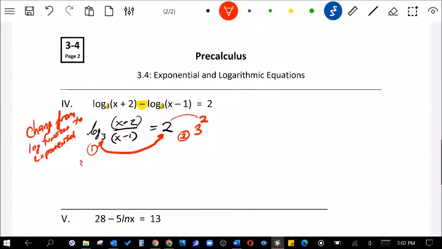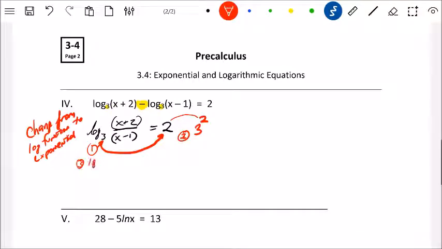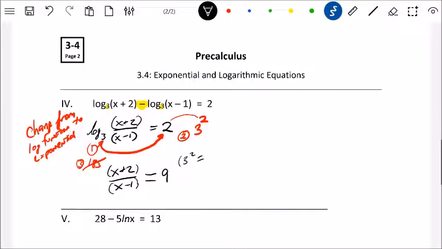And the third thing is that log 3 is gone. We don't need it anymore. So what we have left is x plus 2 divided by x minus 1. And at this point, since there's nothing else on that side, we don't have to use parentheses. That's a really good thing to get used to. And then we have the number 9, because that comes from the 3 squared, because that equals 9.